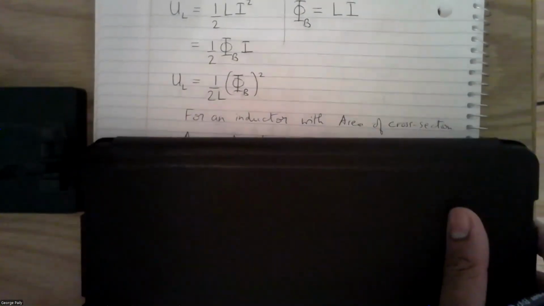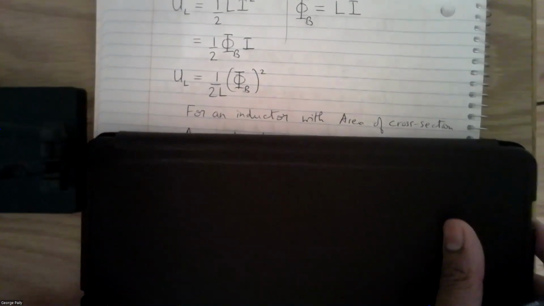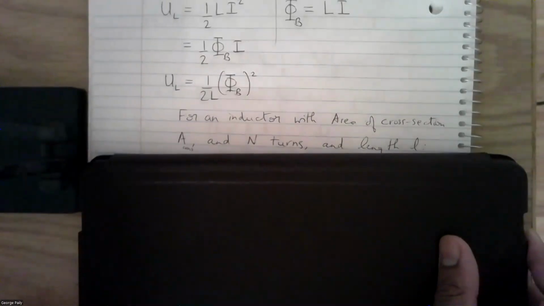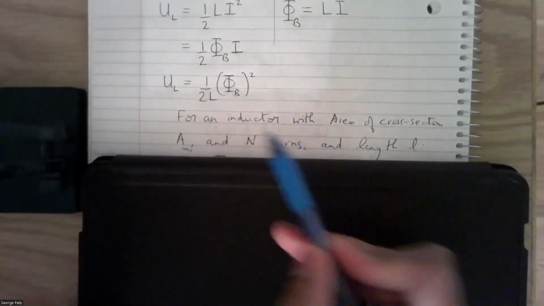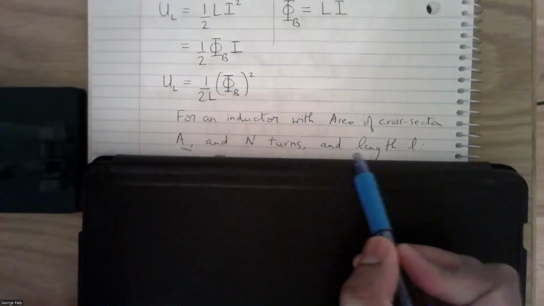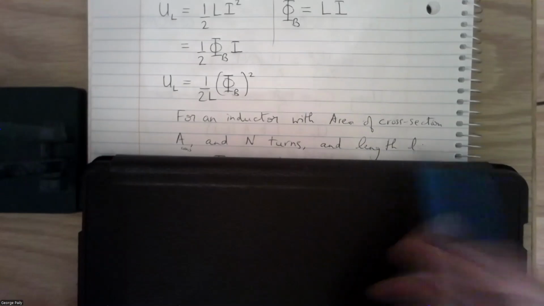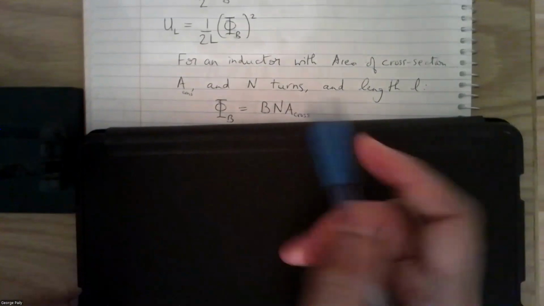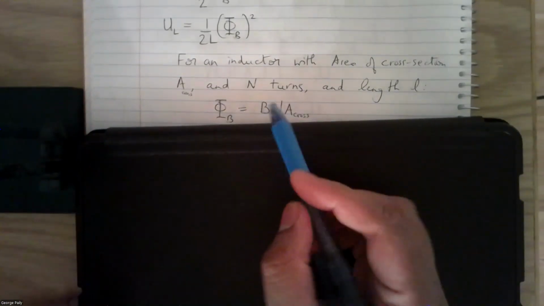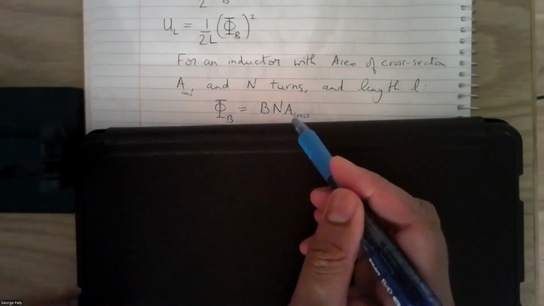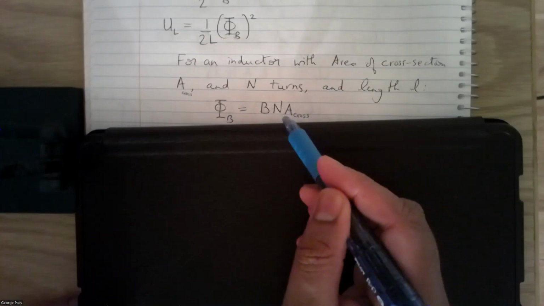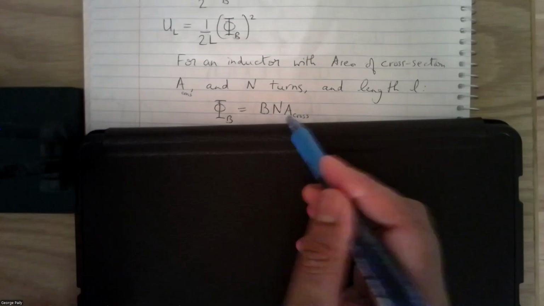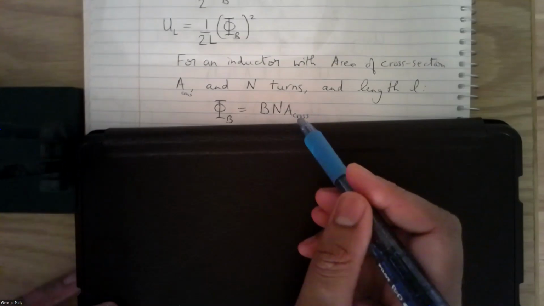But for an inductor with the shape of a solenoid with area of cross-section A_cross and N turns in total over a length little l, we can say that the total flux through that inductor is the B field times the area of cross-section times the number of turns, because the number of turns basically multiplies the area.